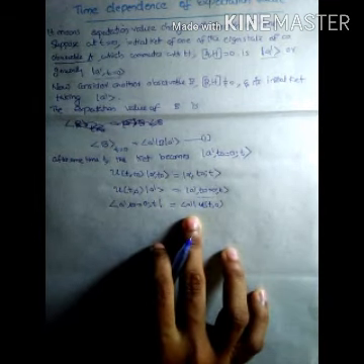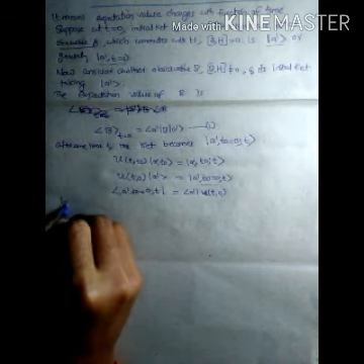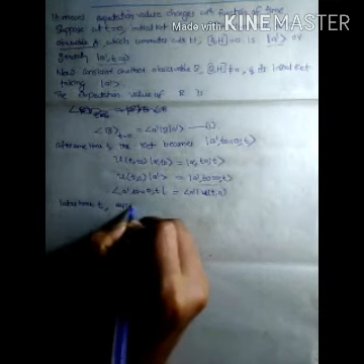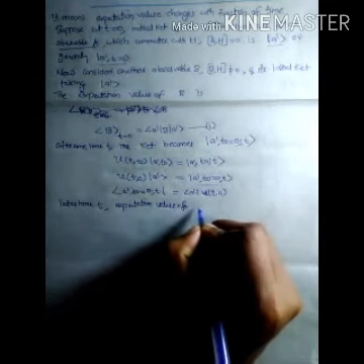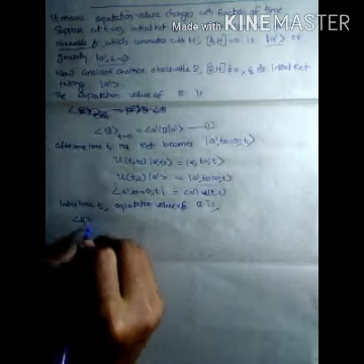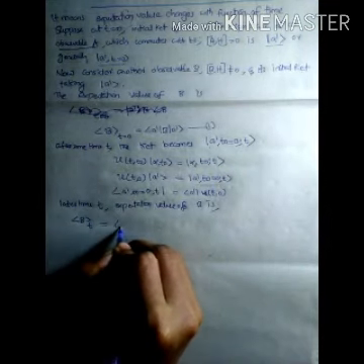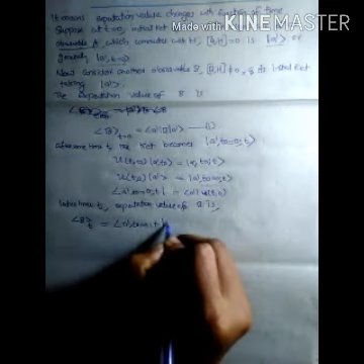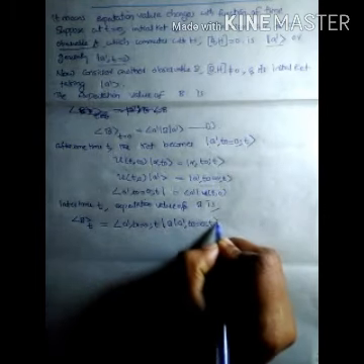Then what will be the expectation value? At a later time t, the expectation value of observable B is given by the expectation value of B at time t equals, with this as our ket, bra A dash t0 equals 0 t, B, ket A dash t0 equals 0 t.